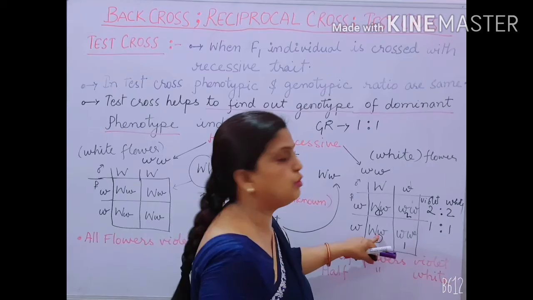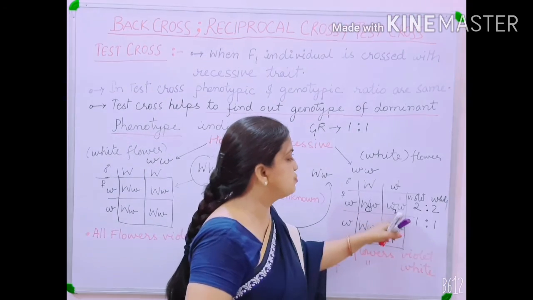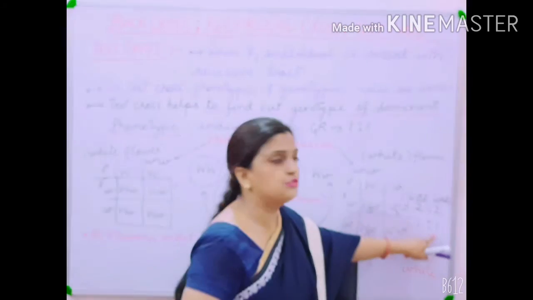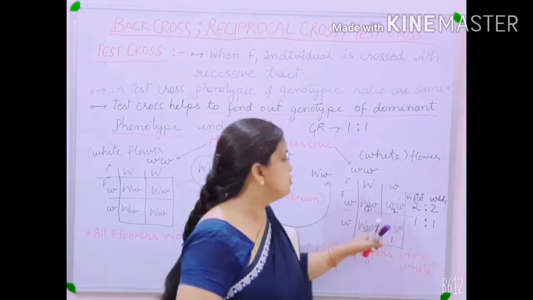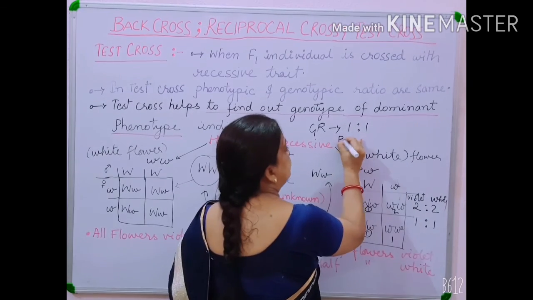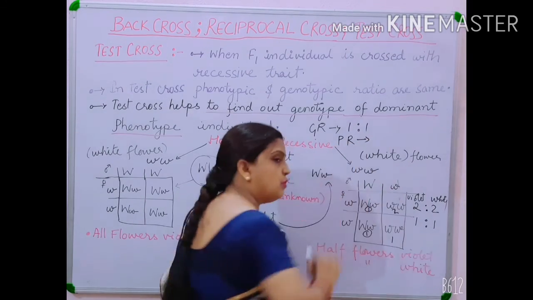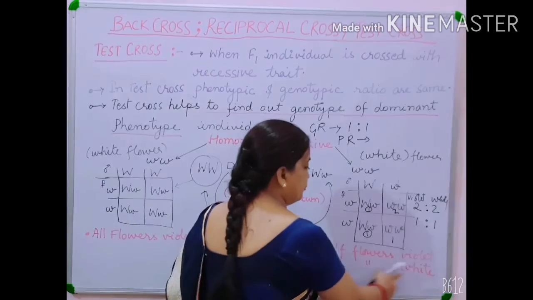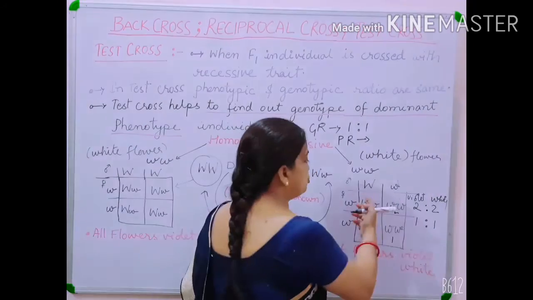Capital W, small w, and small w, small w: it is 2, so the ratio we are getting is 1:1. So the genotypic ratio is 1:1. And when I talk about the phenotypic ratio, then also half of the plants are violet and half of the plants are white.